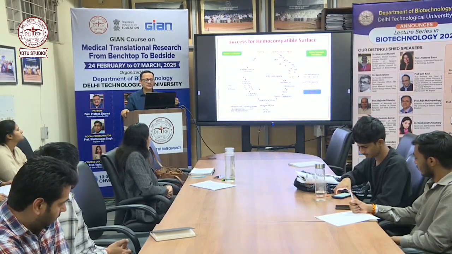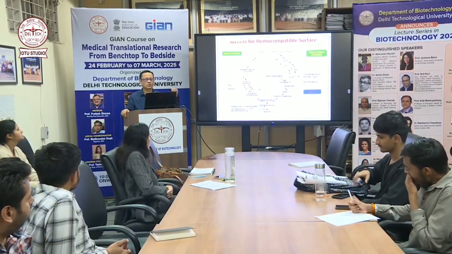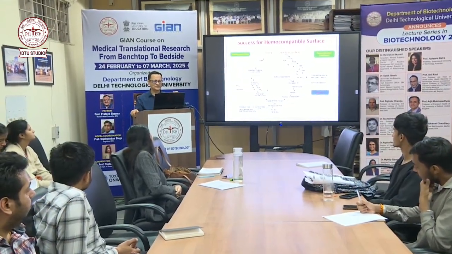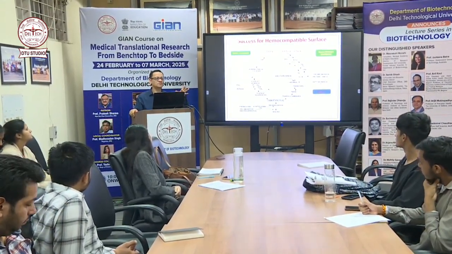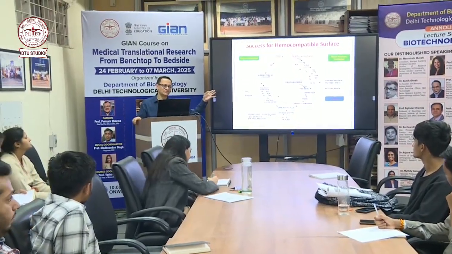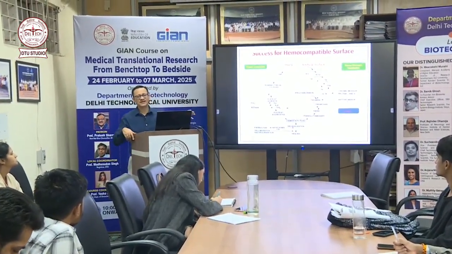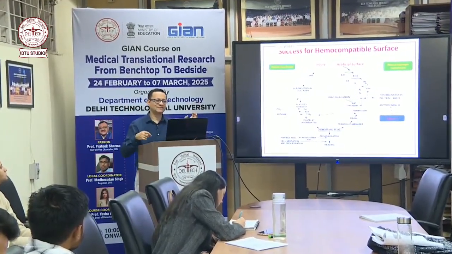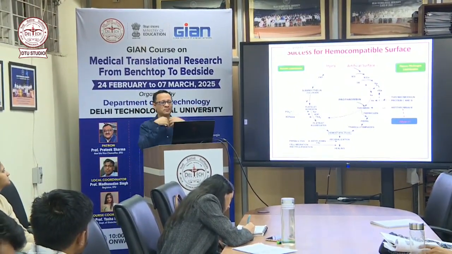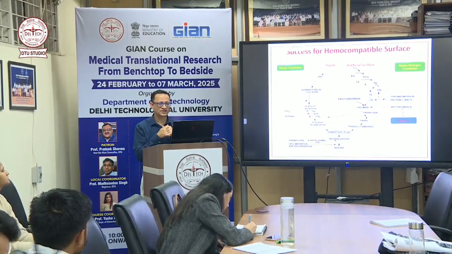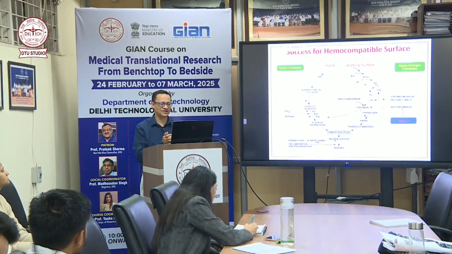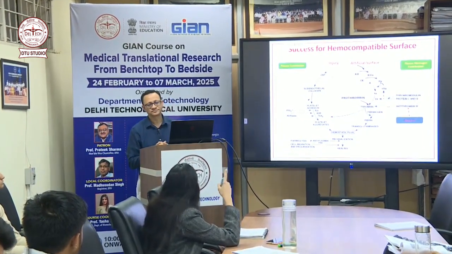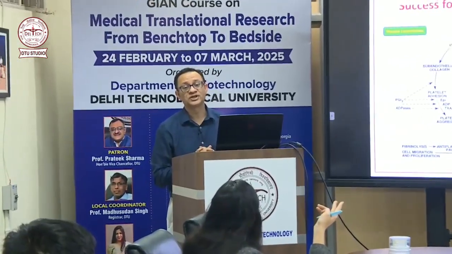So one thing that we are doing is, why not design surfaces that are not just preventing platelet activation, that are not just preventing protein adsorption, but are preventing platelet activation and protein adsorption both, right? Together, synergistically. So what do you need to prevent both? Platelet activation and protein adsorption. To make an anti-fouling surface, right?